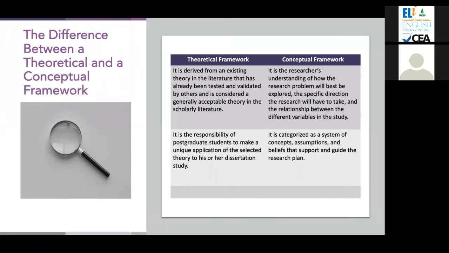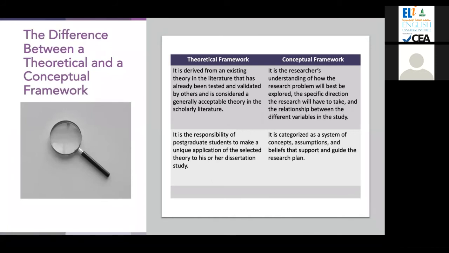So it's your understanding of how the research problem will be explored, for example, what's the direction that the research will take. So it's more subjective to the view of the researcher, and that's a conceptual framework. It is categorized as a system of concepts and assumptions and beliefs that support and guide the research plan.